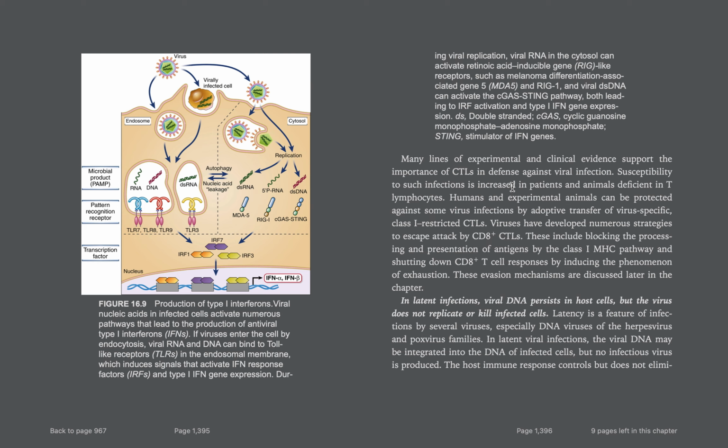Viruses have developed numerous strategies to escape attack by CD8 cytotoxic T lymphocytes. These include blocking the processing and presentation of antigen by the class I MHC pathway and shutting down the CD8 T cell response by inducing a phenomenon of exhaustion. These evasion mechanisms are discussed later in the chapter.